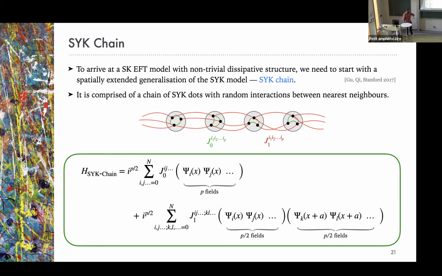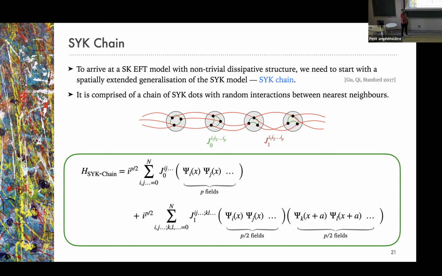I have to go to the SYK chain, which is an interacting model. So it's essentially the same model as before, where I slap in, in addition, a space label to every fermion. So this is the plain SYK piece that I had previously, with couplings which are individually living on each spatial site.